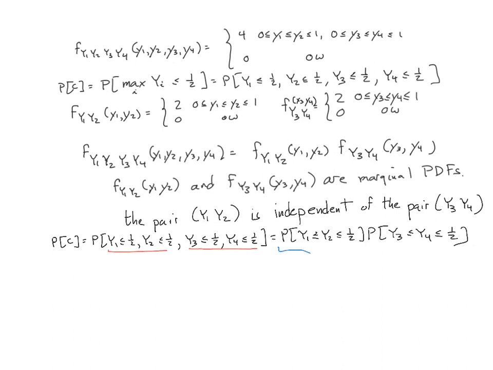And then we realize that, oh, this problem we already solved in the previous slide. It was the simpler problem with two random variables, and we found the answer was 1/4. This problem is in fact exactly identical to the y1, y2 problem because y3 and y4 have a PDF which is identical to the PDF for y1 and y2.